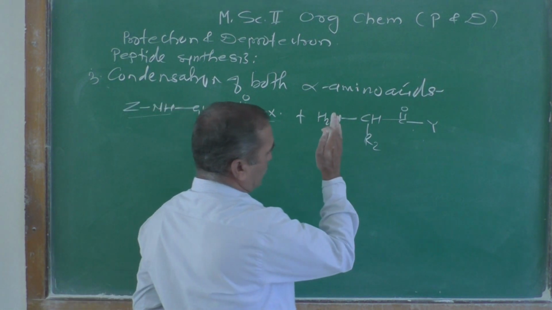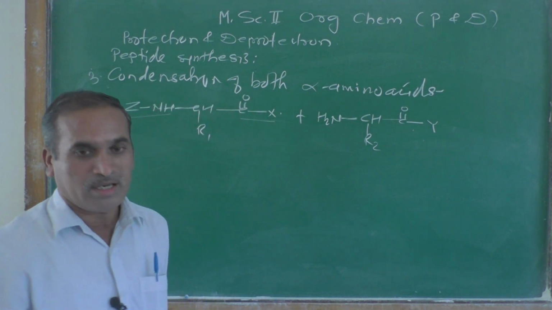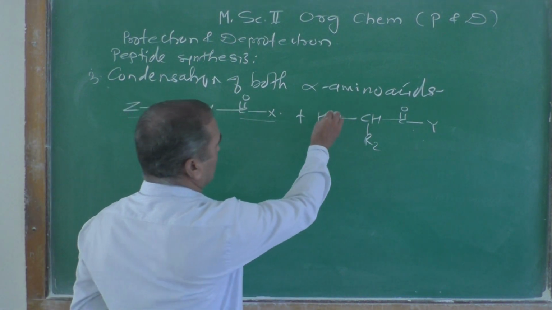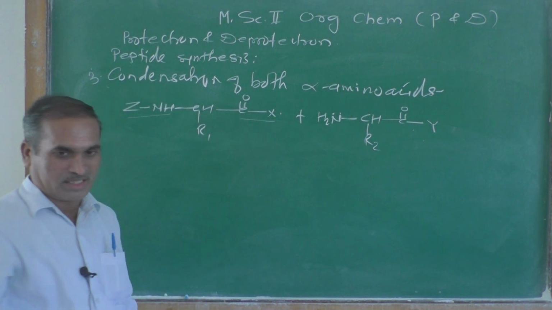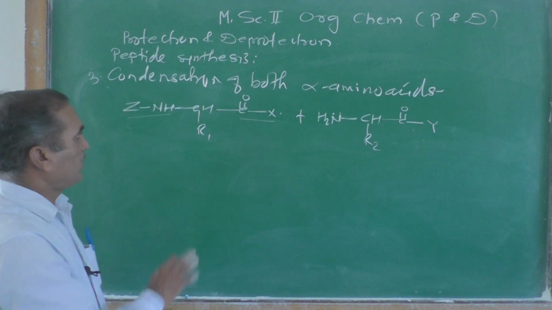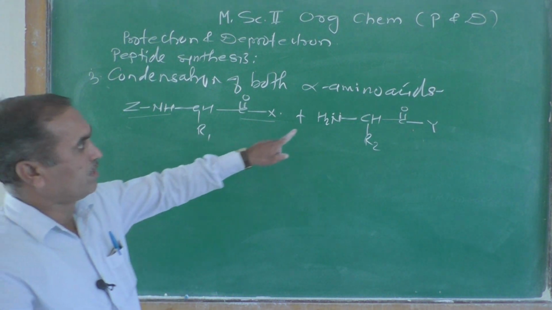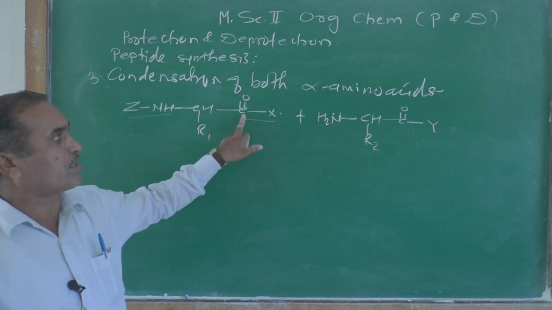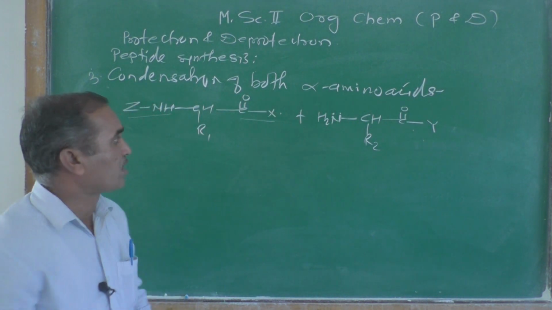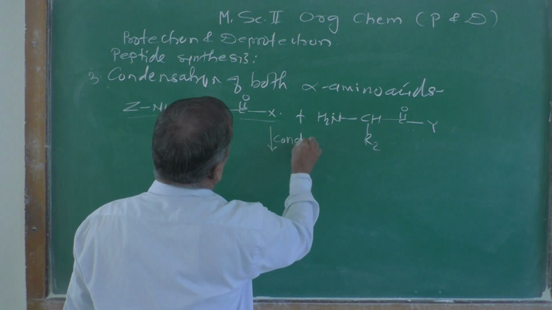In the first step, we protected the carboxylic group. Now here the NH2 group is free to attack on this. Specifically, there is only one possibility. The NH2 group is highly reactive.